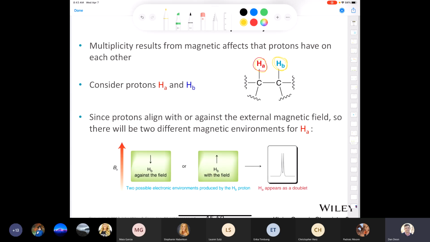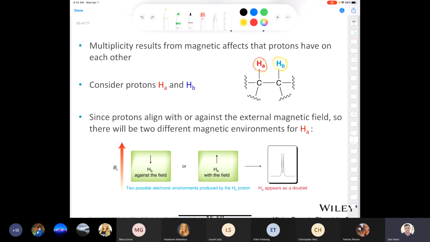Well, HB can be in an alpha spin state, aligned with the applied magnetic field. And it can also be aligned in a beta spin state, against the magnetic field, which is shown here. So HB can either spin with the magnetic field or it can spin in a direction that is against the applied magnetic field.